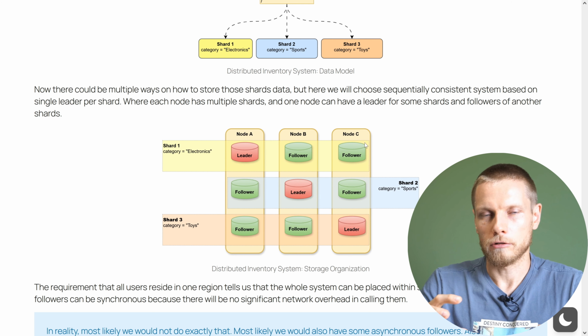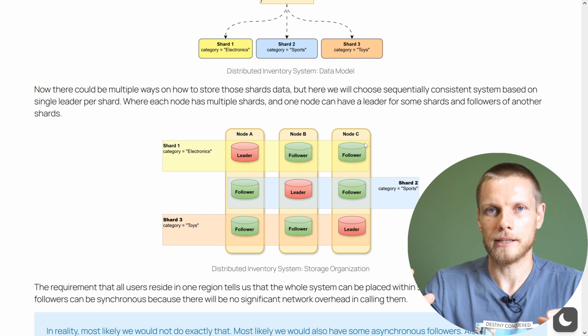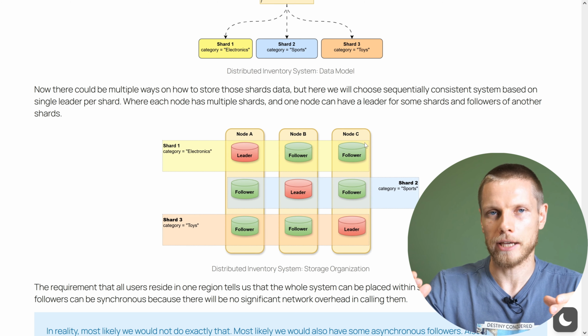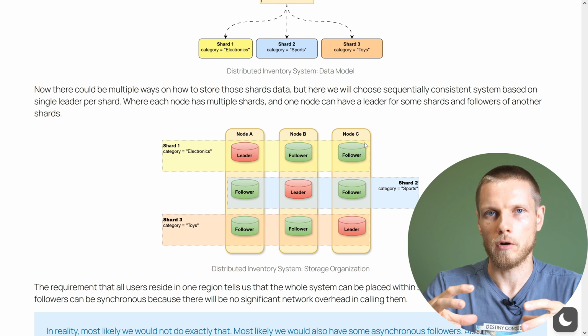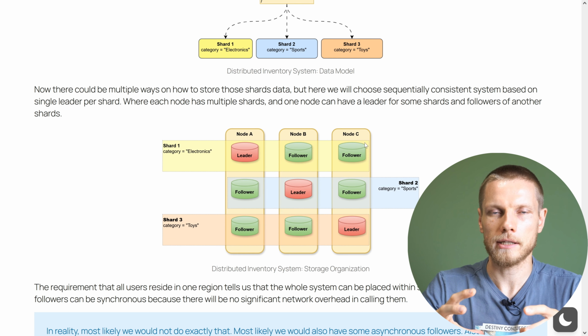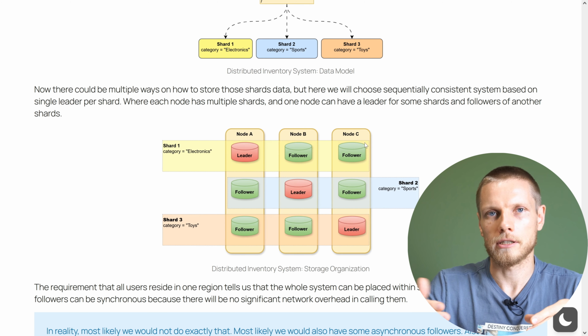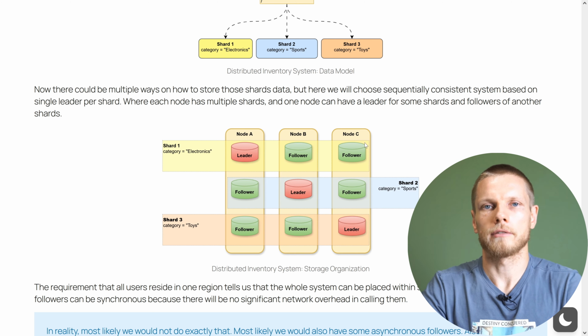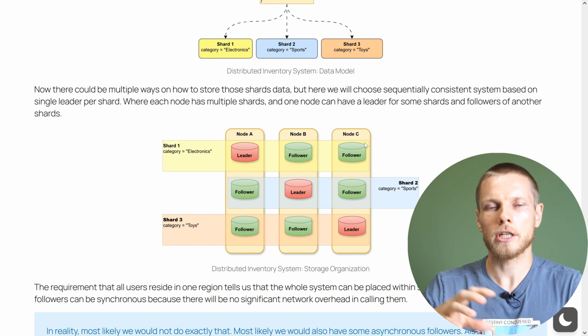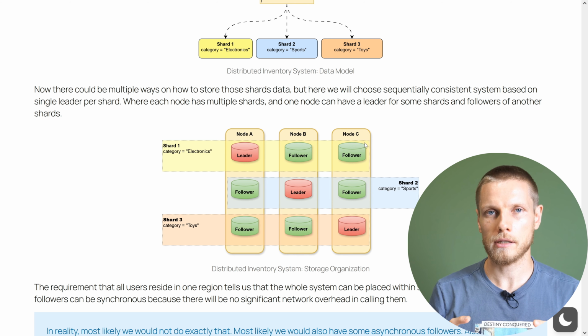I just want to point out that in reality, most likely we would not do it that way, because placing all nodes in a single data center is kind of risky, and most likely in real systems there would be some asynchronous followers and users located in different regions. But here we just concentrate on sequential consistency and what systems could benefit from it.